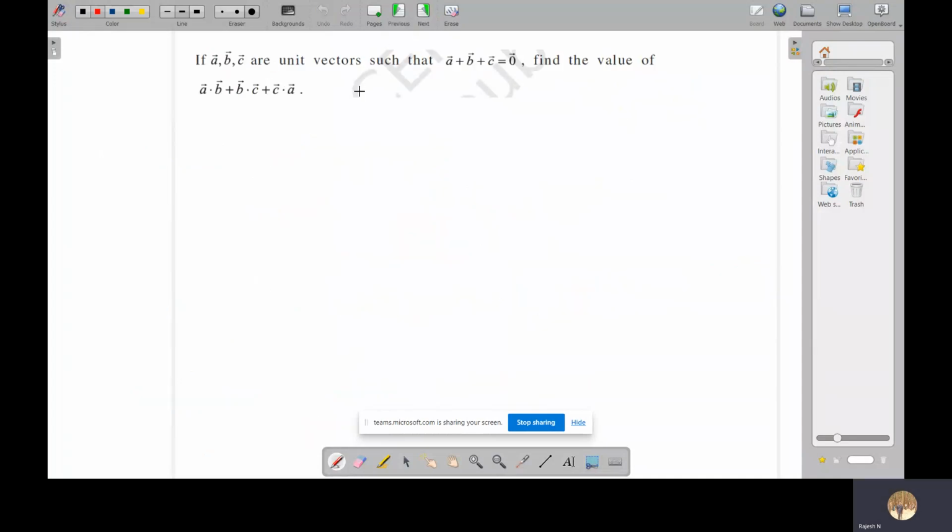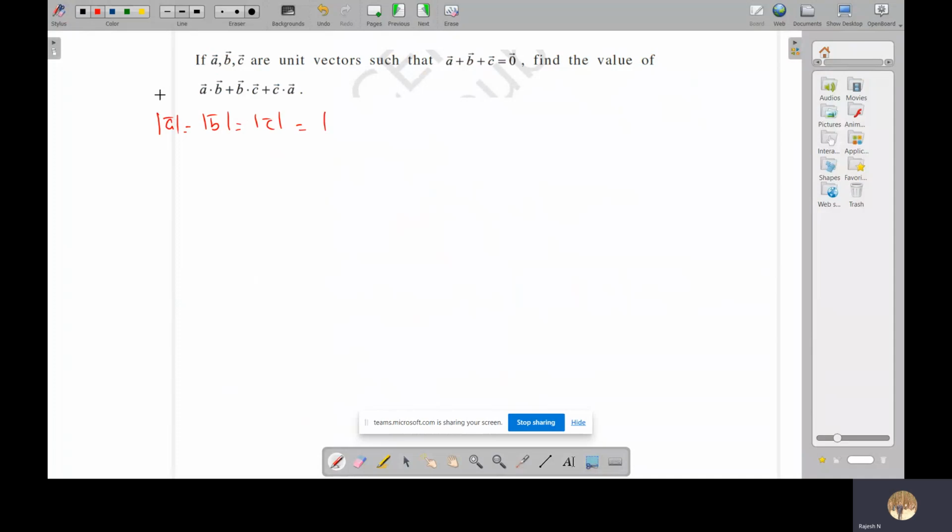Next, if a bar, b bar, c bar are unit vectors such that a bar plus b bar plus c bar is equal to 0, find the value of a bar dot b bar plus b bar dot c bar plus c bar dot a bar. So what you have to do? Modulus a bar is equal to modulus b bar is equal to modulus c bar is equal to 1.